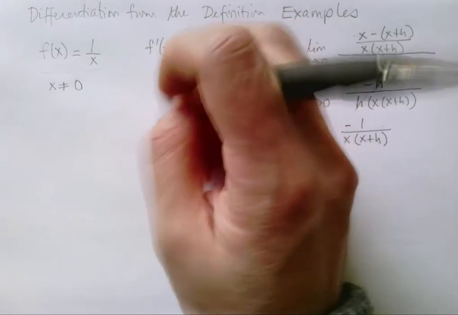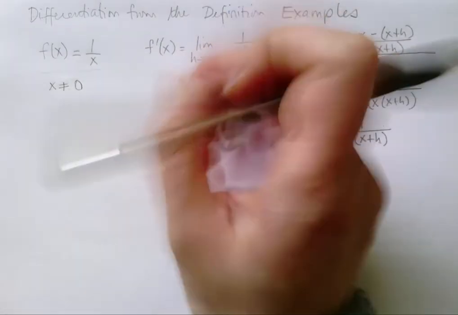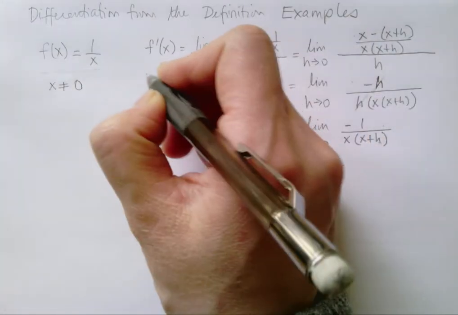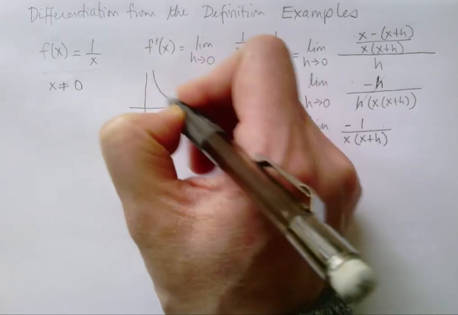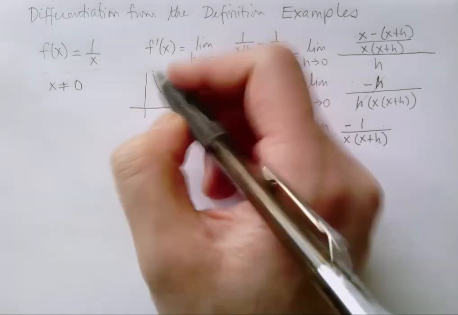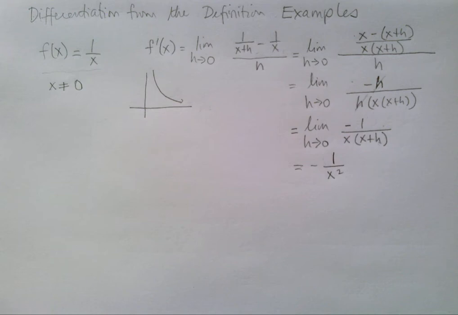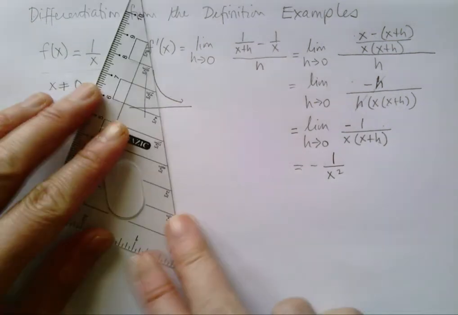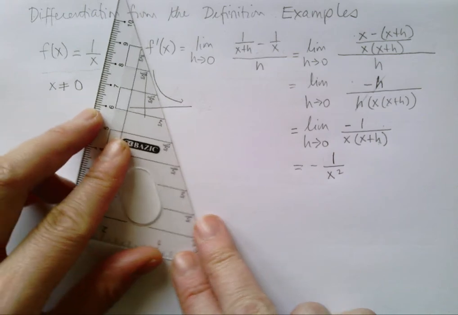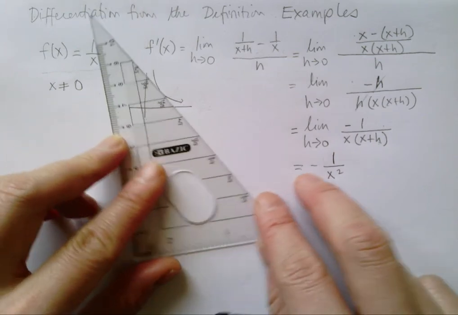All right, so let's see if that checks out with what we know the derivative should look like. This is what 1 over x looks like. Notice that the derivative, in other words, the slope of the tangent line, is always negative, negative, negative, negative.